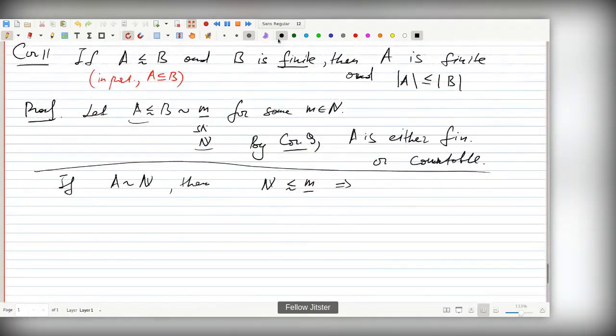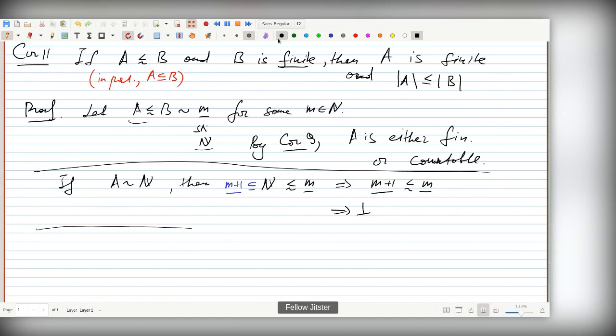So what do we have? Let us repeat the argument we already had. Then M plus 1 underlined being a subset of n must be embeddable into M underlined, which would give us a contradiction. So that means that A is indeed finite.